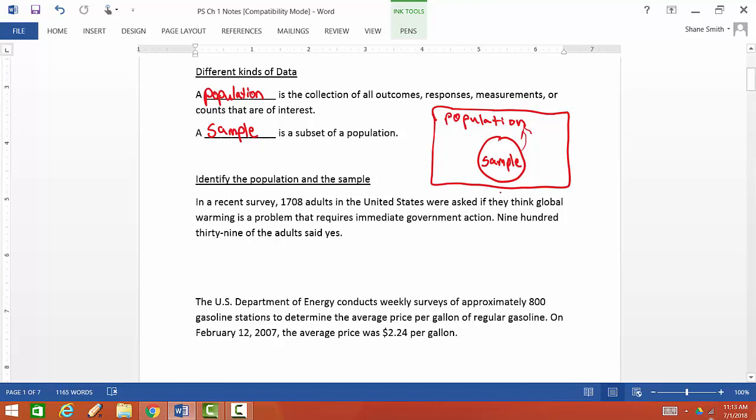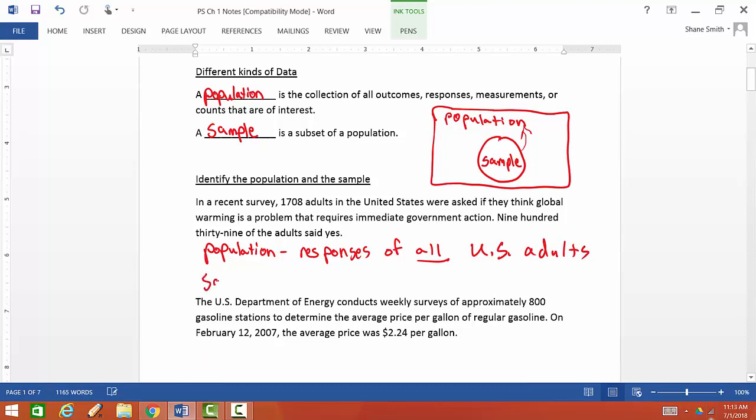So in the first one it says, in a recent survey, 1,708 adults in the United States were asked if they think global warming is a problem that requires immediate government action. 939 of the adults said yes. So the population is the responses of all U.S. adults.